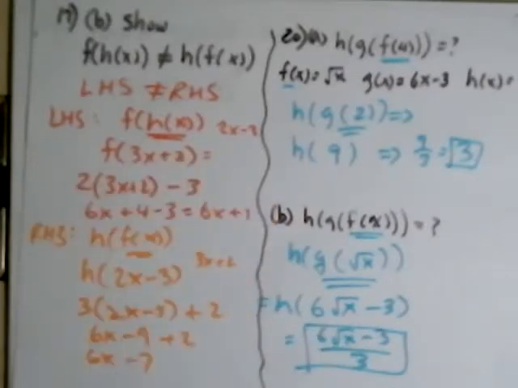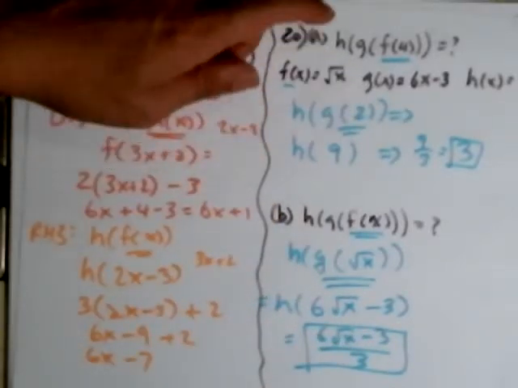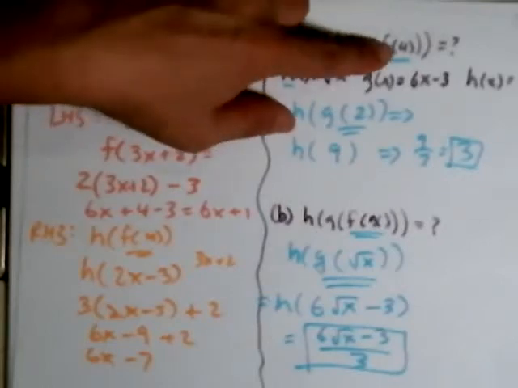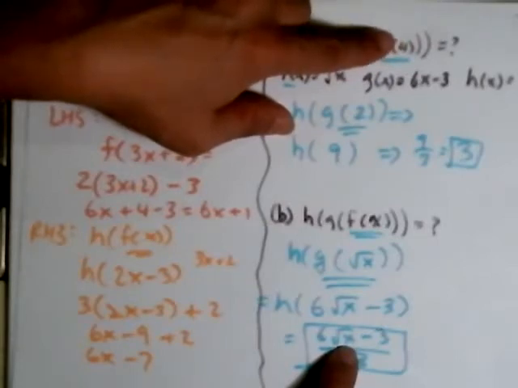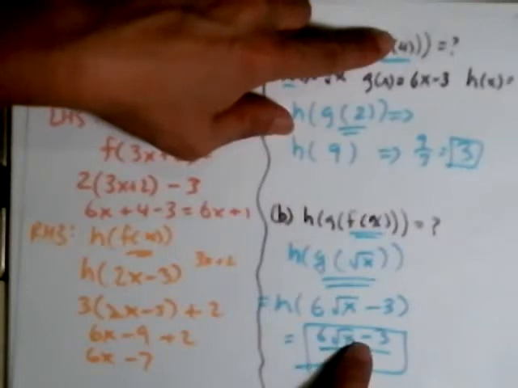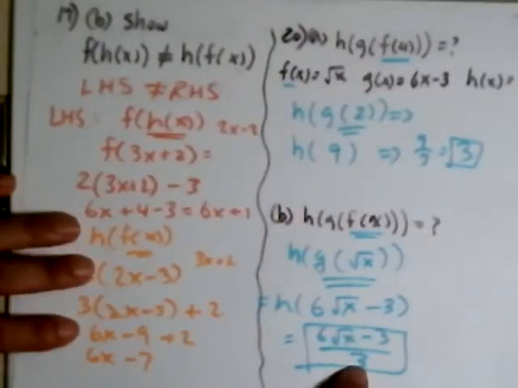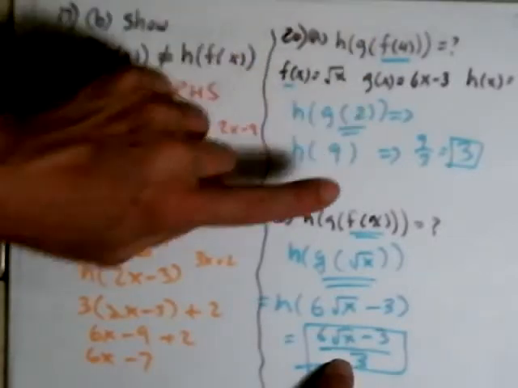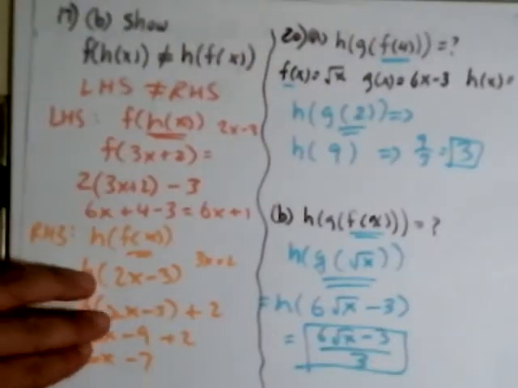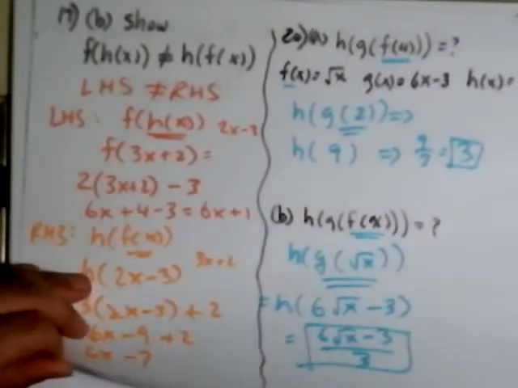Wait a second, oh no, sorry, it's 4 right there. The number we're looking at is square root of 4, which is 2. 6 times 2 is 12. 12 minus 3 is 9. 9 divided by 3 is 3. So we get the same answer if you use the composite function, or if you work at it one at a time. It will be on your test too as well. So work on this. Last question.